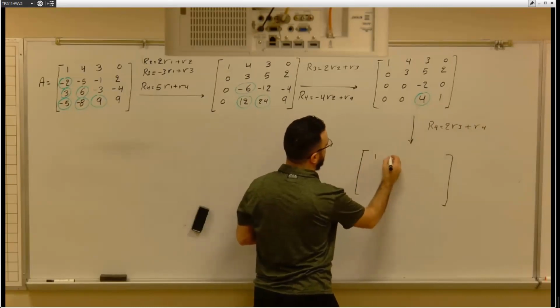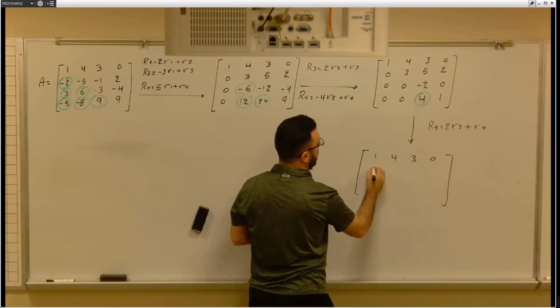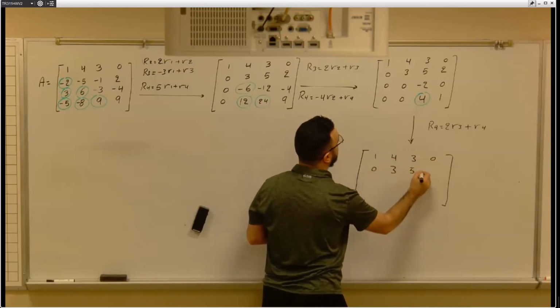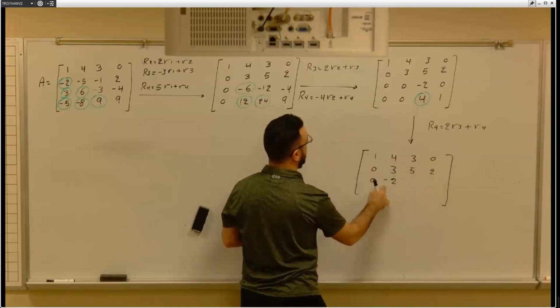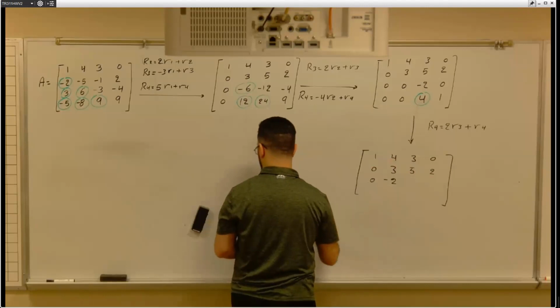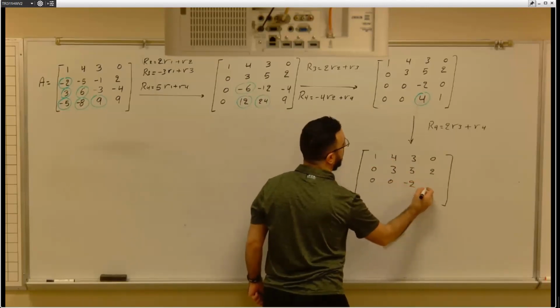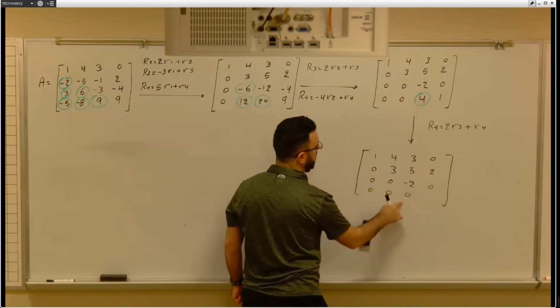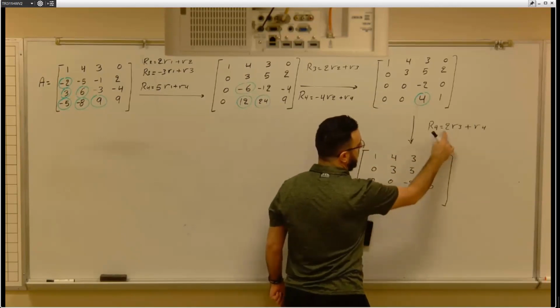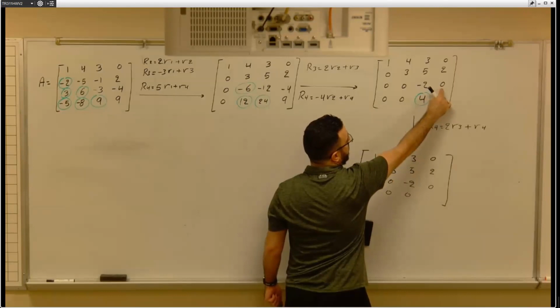You're going to get 1, 4, 3, 0, 0, 3, 5, 2. Here's 0, -2. 0 here. There's 2 zeros. This one's going to be 0. And here, 2 times 3, which is 0, also going to be 0, plus 1 is going to be 1.